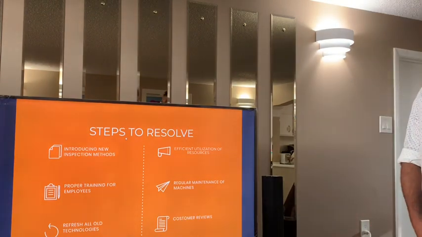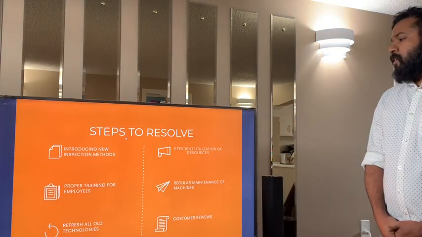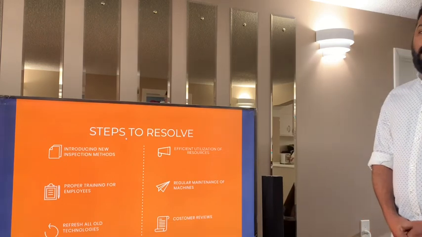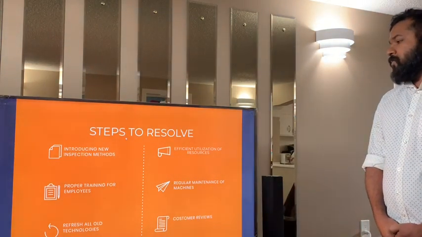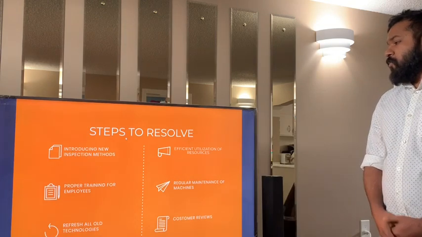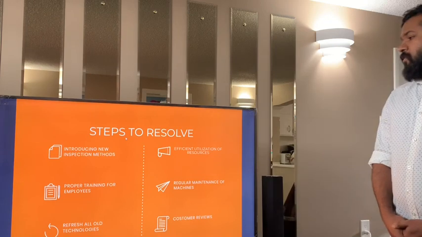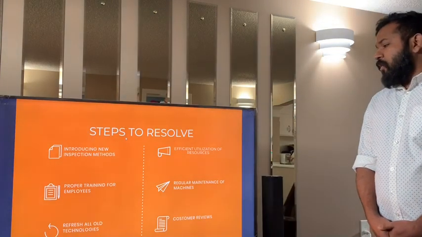The next one is proper training for employees. If you give proper training to employees, we can reduce the errors caused during design. So introducing new employees and giving proper training to them is another criterion to resolve this problem. And also refresh old technologies.